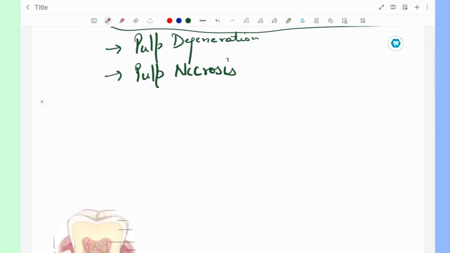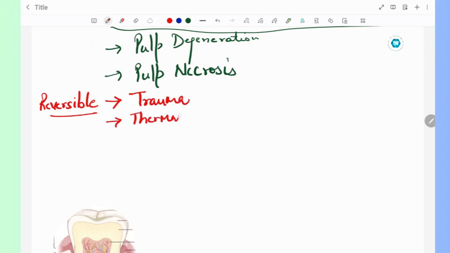Let's talk about the reversible pulpitis. It's a mild to moderate inflammatory condition of the pulp. It can be caused by any agent that is capable of injuring the pulp. It may be caused by trauma or due to a thermal shock while preparing the cavity with a dull burr, or it can be caused by the excessive dehydration of a cavity.